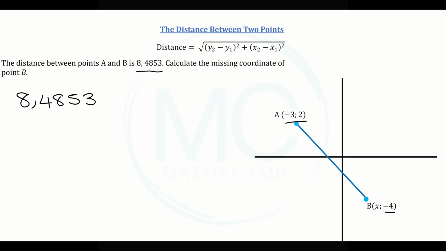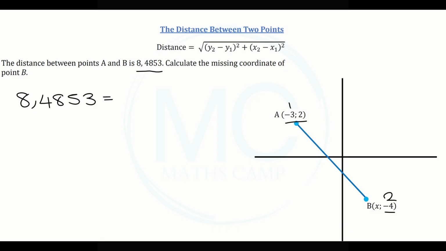8,4853. We make this equal to, and now we can fill the coordinates of our points into our formula. Let's say that A is our first point and B is our second.